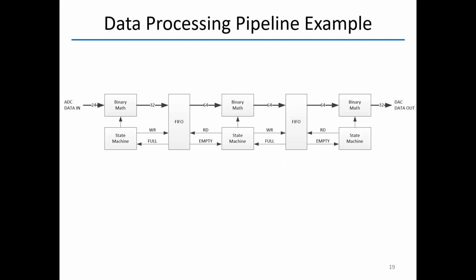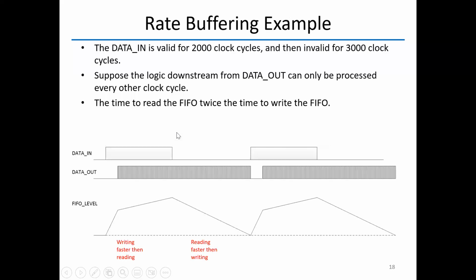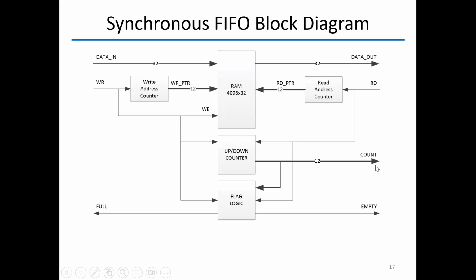So the state machine is what changes the pointer and tells the binary machine to go. It has the counter. It goes up when it writes the first in, first out. This is the first in, first out. This is a complete first in, first out. It takes the write command from here.